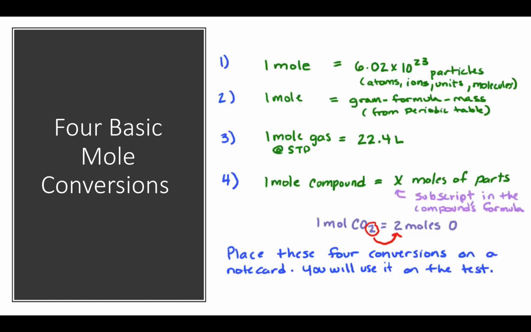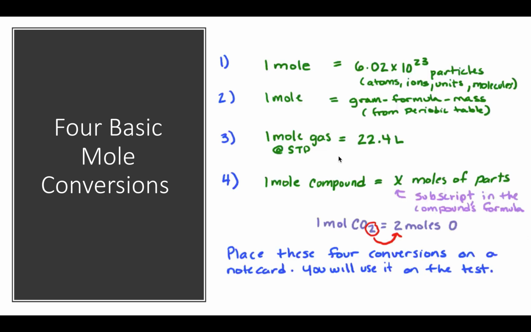Second, 1 mole equals the gram formula mass from the periodic table, which is the number right below the chemical symbol. Third, 1 mole of a gas at standard temperature and pressure is equal to 22.4 liters. So 1 mole of any gas occupies 22.4 liters of space.